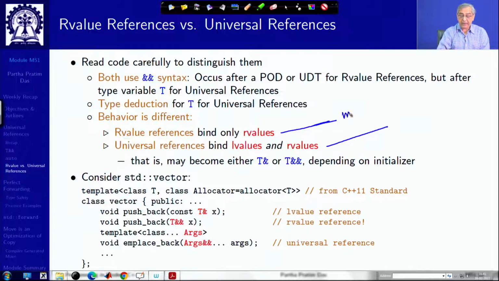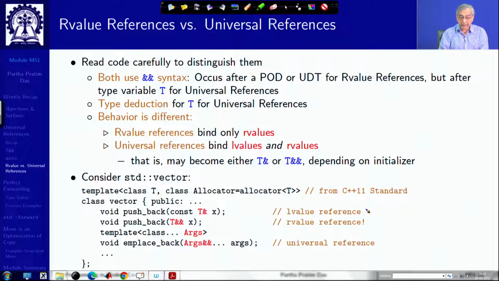So, this is for a plain definition, and this is for a template type definition. If I write int&& in a function, then this will bind as an R value reference, but when I write T&& in a template situation and then the template is invoked, it will behave like a universal reference. Some more examples are given here from the standard library, like vector.